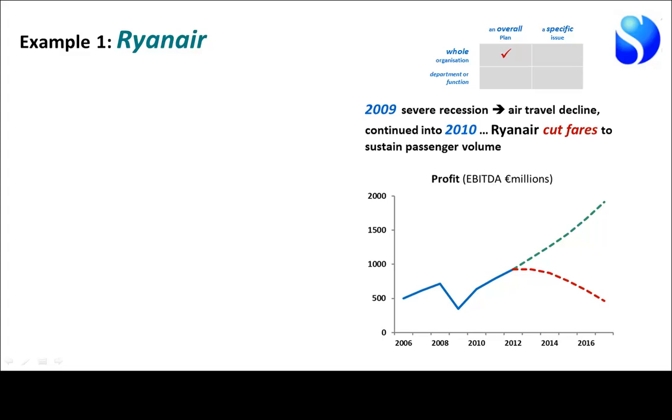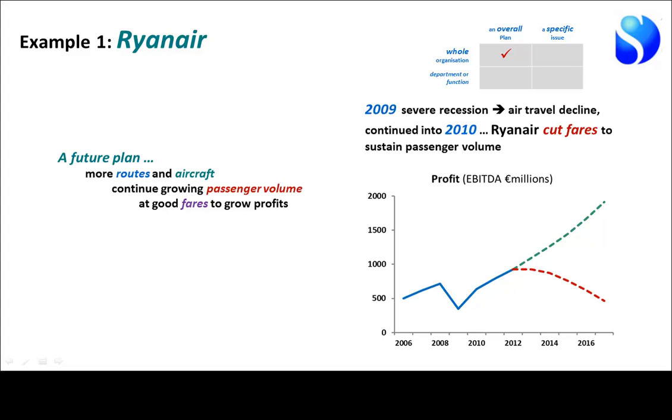So if you were with us on Monday, you'll remember I talked about the situation facing Europe's Ryanair airline and the way it dealt with the recession in 2009 and how it's bounced back in terms of growing its profits out to 2012, and the two alternative futures that the company faces.